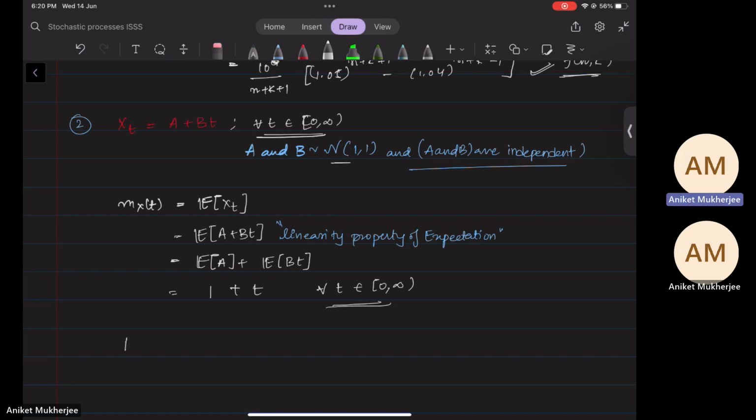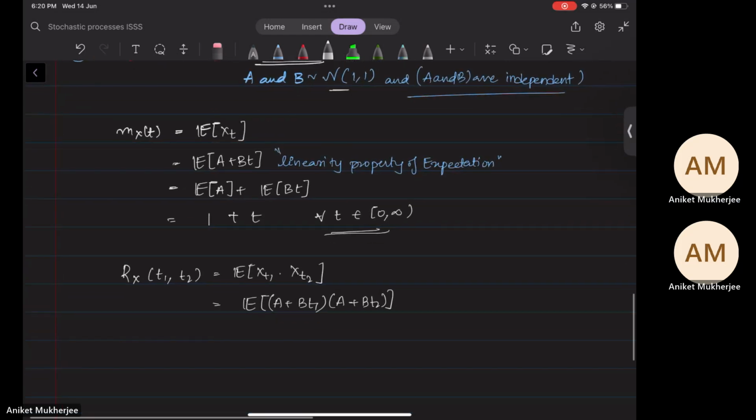Similarly, we'll calculate the autocorrelation between t1 and t2. So you have the expectation of xt1 into xt2, which is the expectation of (a plus bt1) into (a plus bt2). So you have the expectation of a square plus abt2 plus abt1 plus b square t1 t2.